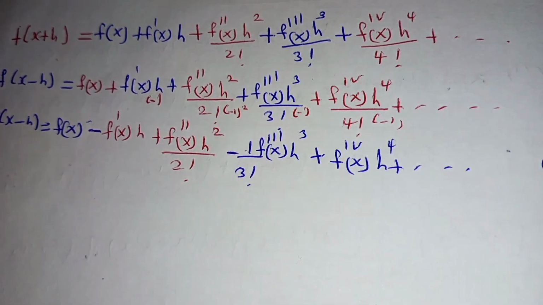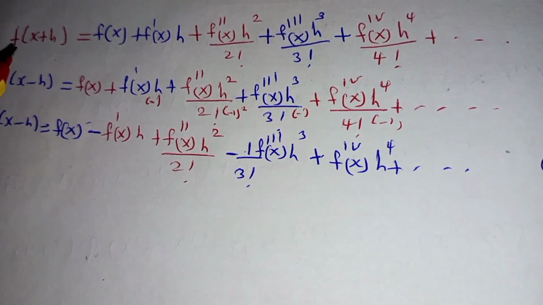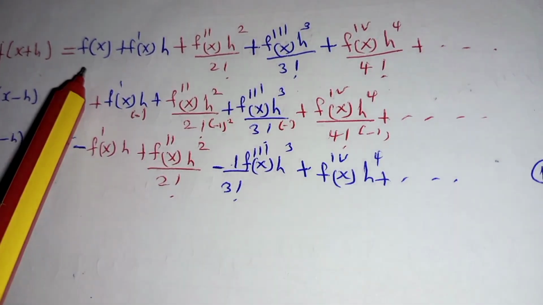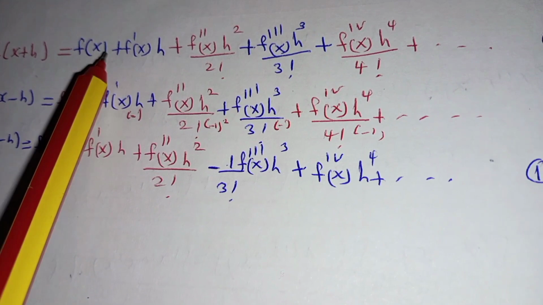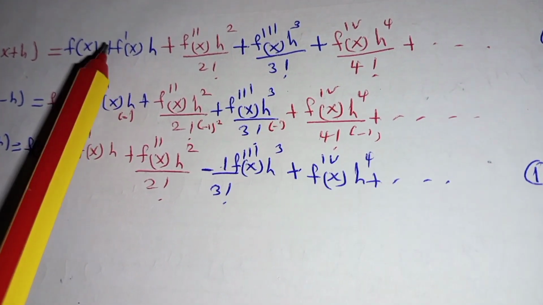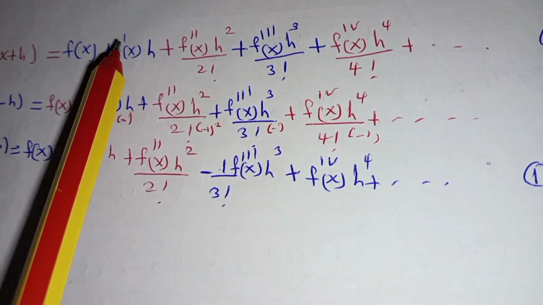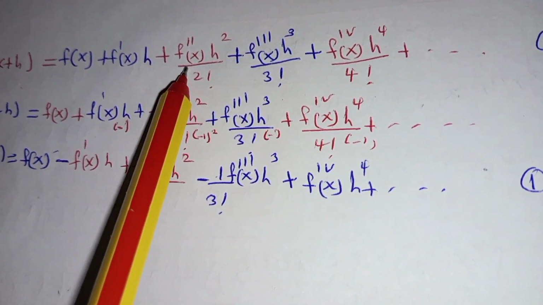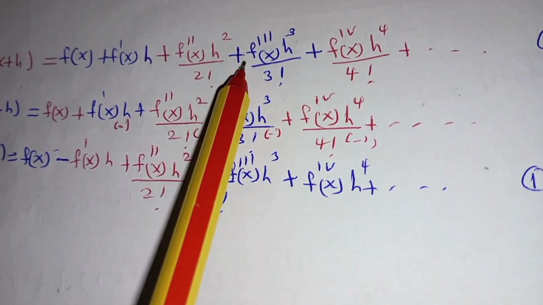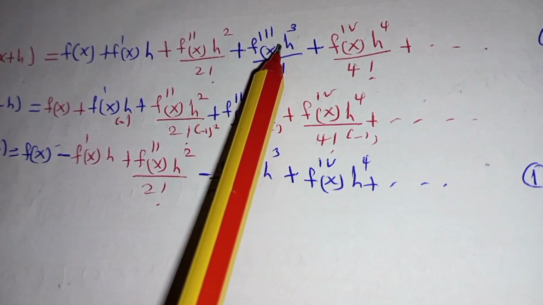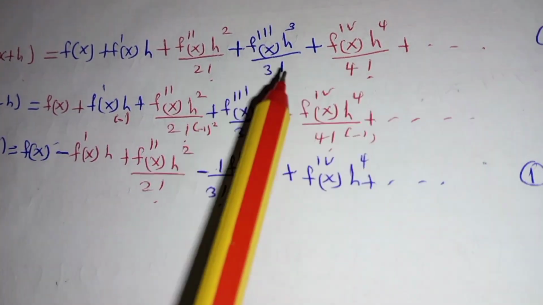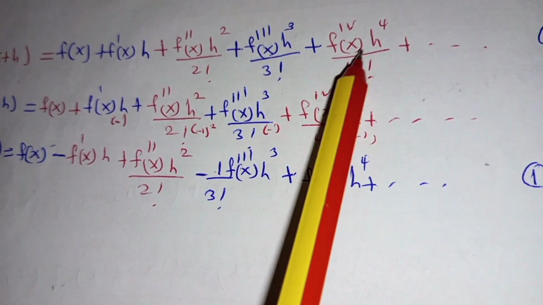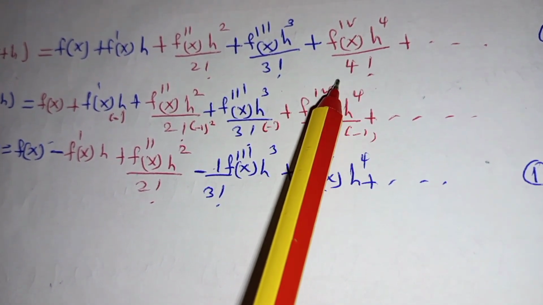So we consider the Taylor series expansion of the function f of x plus h, which can be approximated with f of x plus the first derivative of f of x times h plus the second derivative of f of x times h squared over 2 factorial plus the third derivative of f of x times h cubed divided by 3 factorial plus the fourth derivative of f of x times h to the power 4 over 4 factorial.